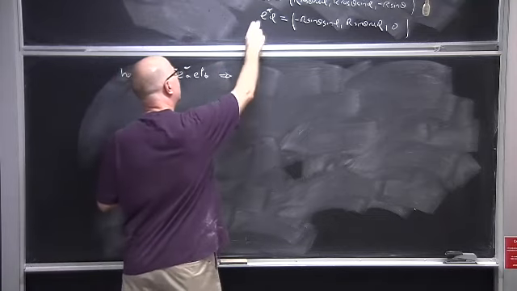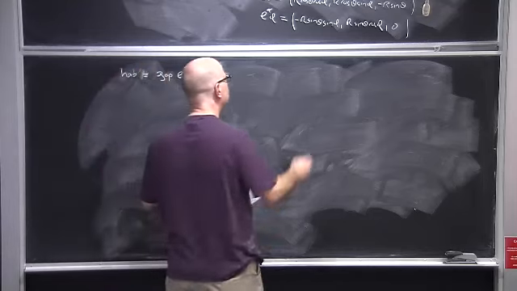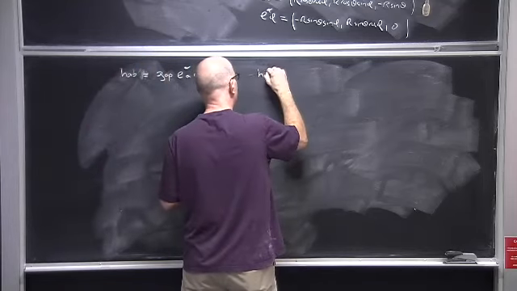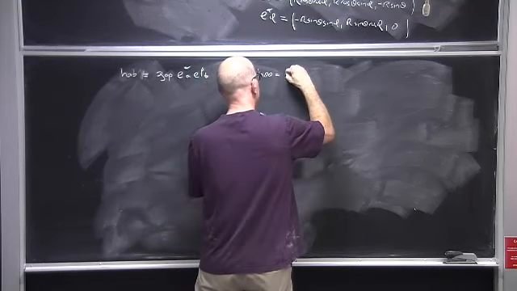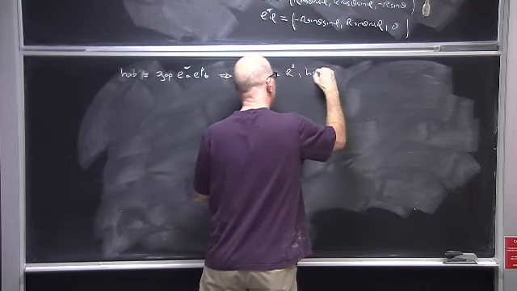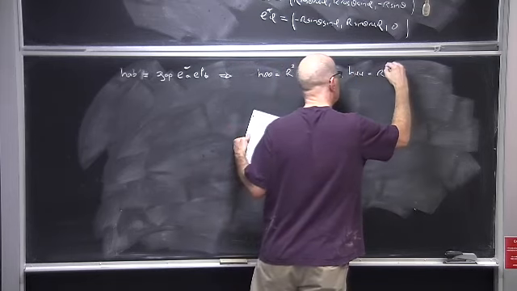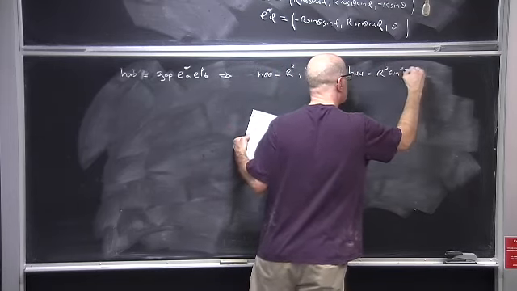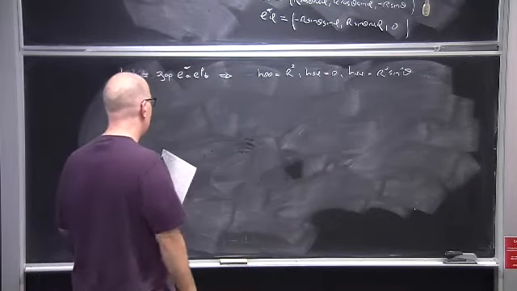You just take inner products between all of those vectors. You just work it out, and you find that h theta theta is, of course, r squared. h theta phi is 0, and h phi phi is r squared sine squared theta. So we have the usual metric on the round sphere.